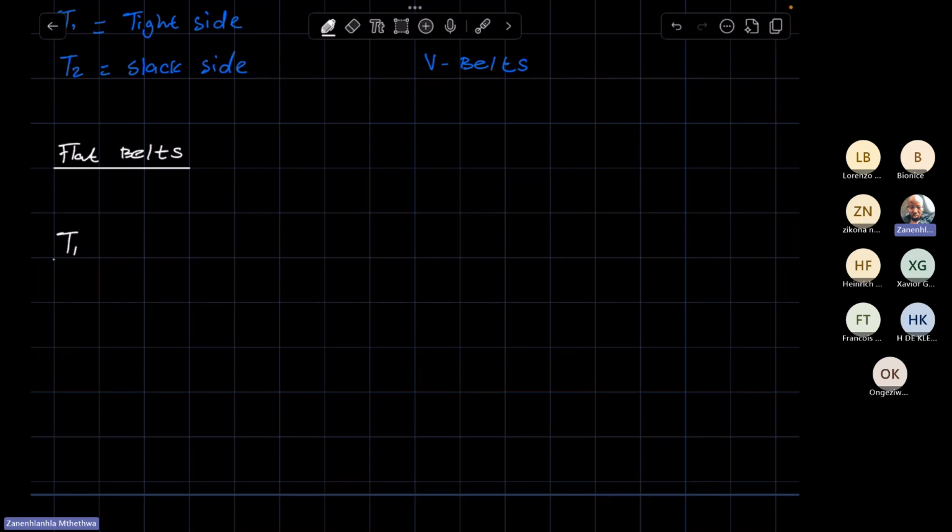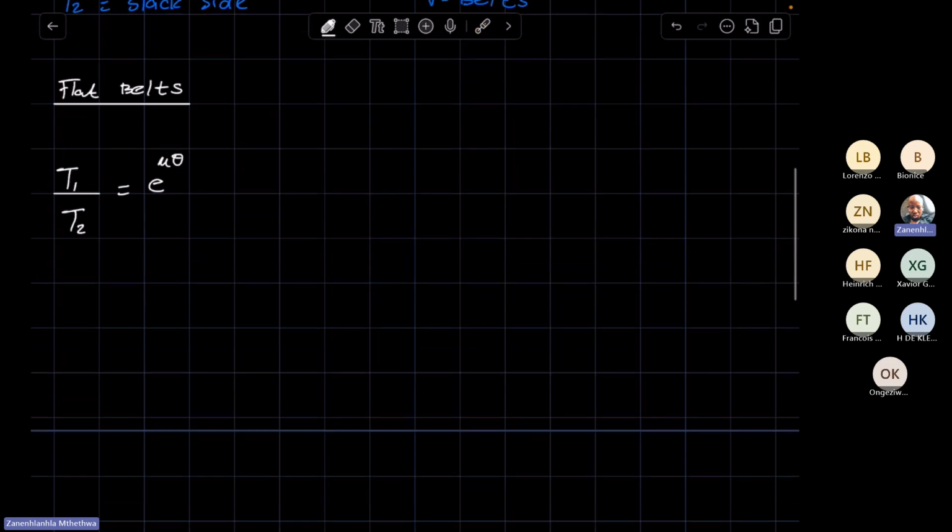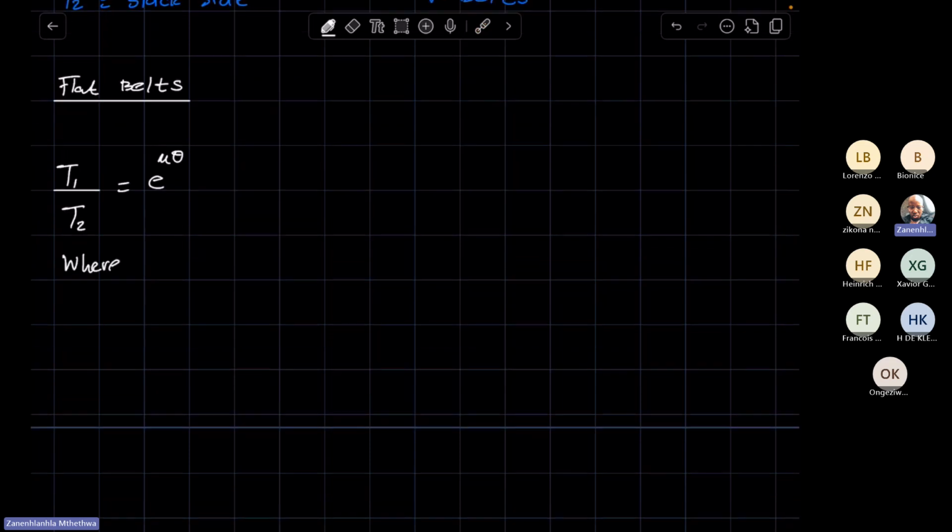The tension ratio of a flat belt is T1 over T2 equals e to the exponent mu theta, where T1 is the tight side, T2 is the slack side, and mu is the coefficient of friction.